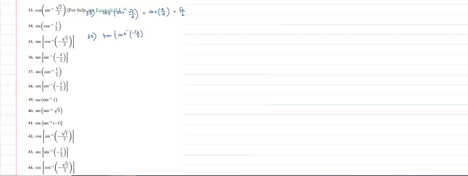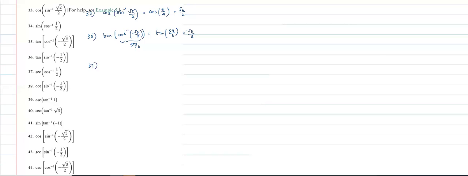So negative root 3 over 2, I know second quadrant. So tan of 5 pi over 6, because remember, cosine inverse of negative root 3 over 2 is 5 pi over 6. And tan 5 pi over 6 is negative root 3 over 3.